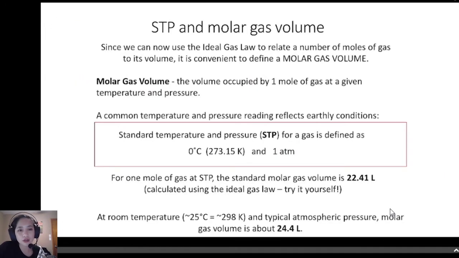So let's look at another way we can use the ideal gas law to answer some questions. I need to come up with a couple definitions for you, and that is what STP, or standard temperature and pressure, is, and what molar gas volume is. So we can relate the number of moles of a gas that's present to the volume that it actually occupies.